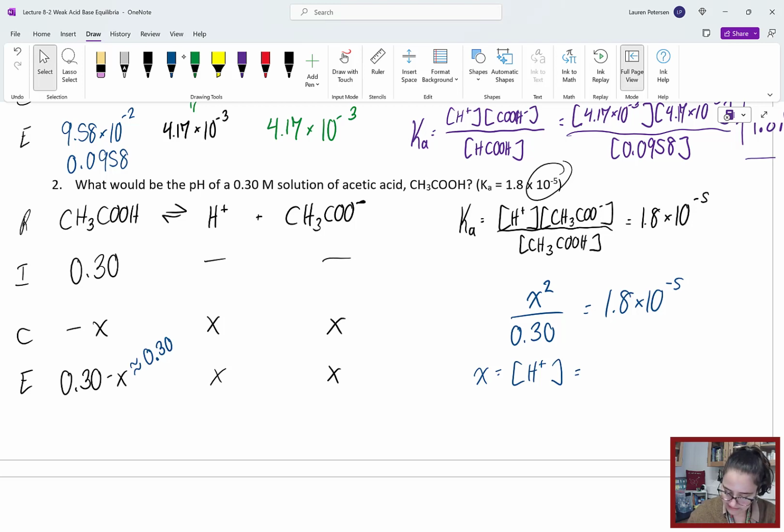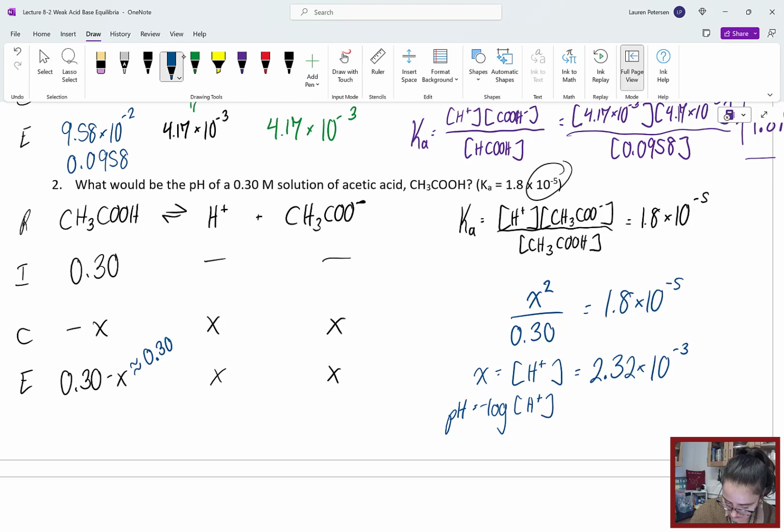And we get an X value of 2.32 times 10 to the negative 3 for our concentration of H plus. So if we want to know the pH, pH is the negative log of that concentration of H plus. So we take the negative log of that answer that we just got, and we get 2.63. And that's going to be the pH of our solution.